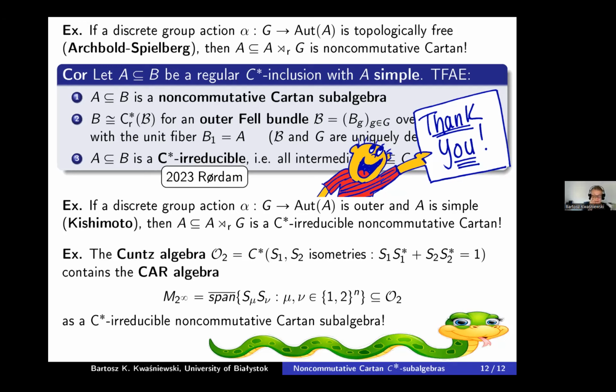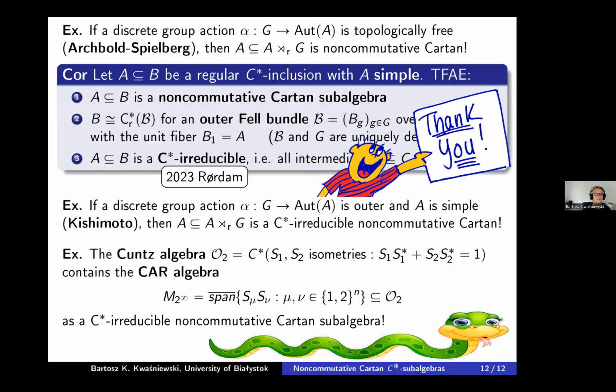So for graph C*-algebras, this example that I showed you, I could make it general. They all have this Z grading where the fixed point algebra is a subalgebra.